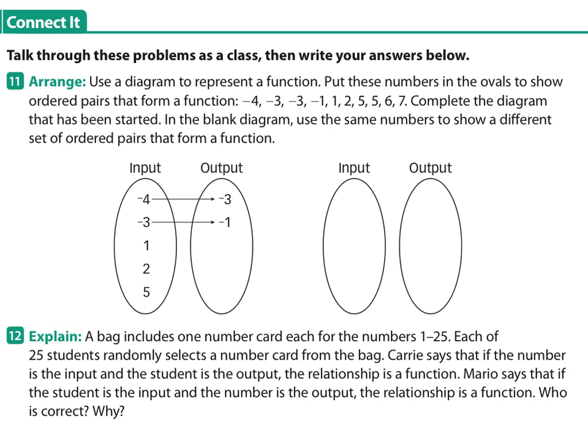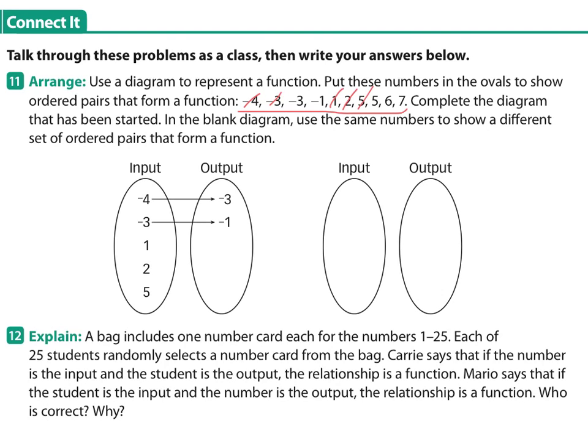Here it wants us to take our function map and take all these numbers that we see. We're going to see a whole slew of numbers right here. And it wants me to put these numbers into my oval so that I do have a function. And it's already given some of these for me. Like here it's already used negative 4 and negative 3, 1 and 2 and 5.